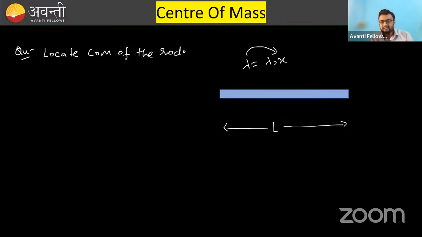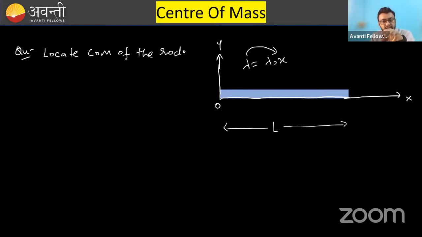That means as you move in the x direction, for example, this is the rod and this is our coordinate. This is our y-axis and this is our x-axis. And this is our origin. What I'm saying is, if someone is moving in this direction away from the origin, x increases.